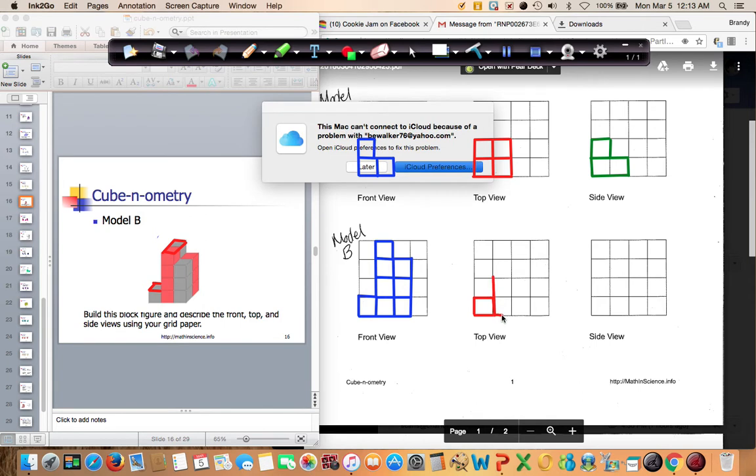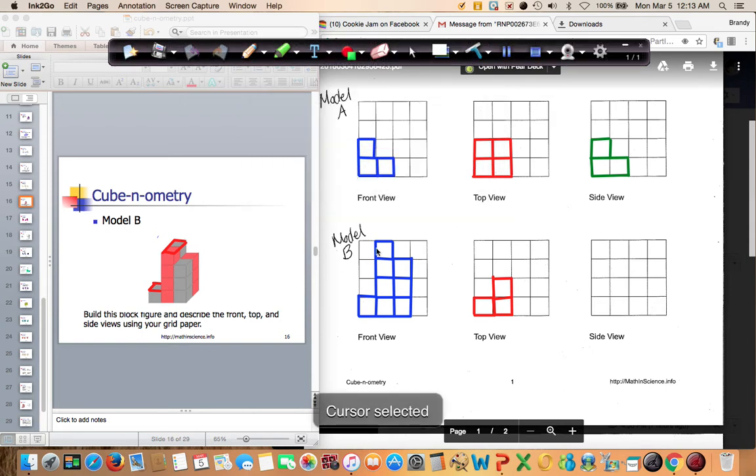Sorry about that, I'll get rid of that in just a minute. So you see how, even though it's really tall, my height, let me get rid of this. There we go. My height is here. So I'm not looking at the height, I'm looking from the top of it. So from the top I see 1 here, 2 here, and I see another 2 right beside it. And again, I don't know that it's supposed to be down a level because I can't see the height from the top. So I'm just going to put it right beside it. 2 more blocks here.